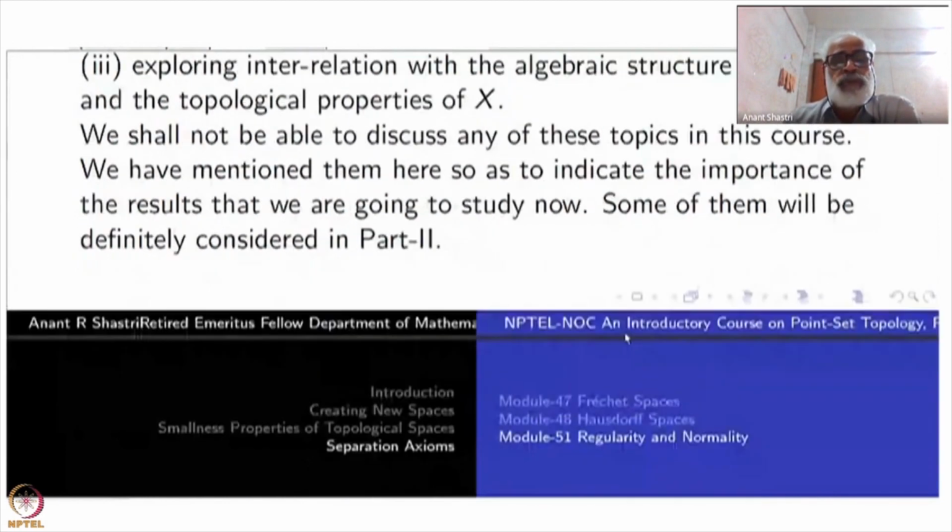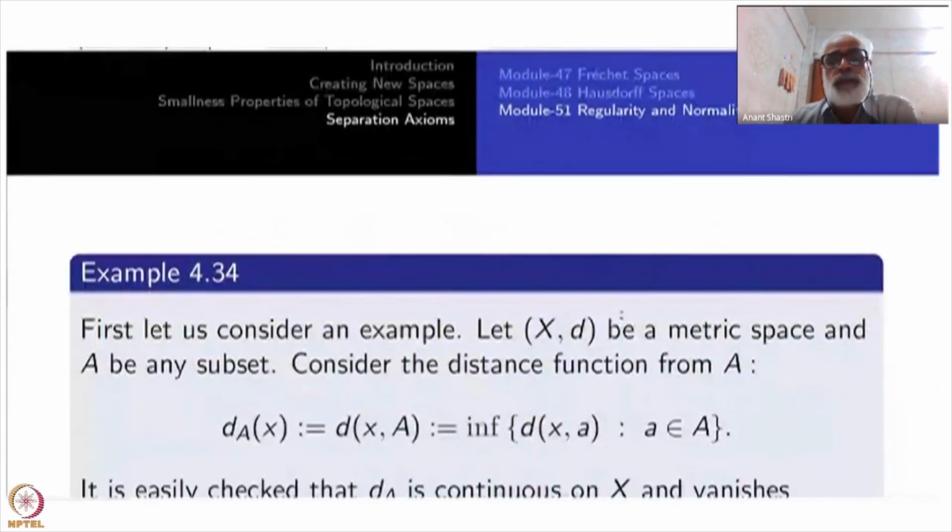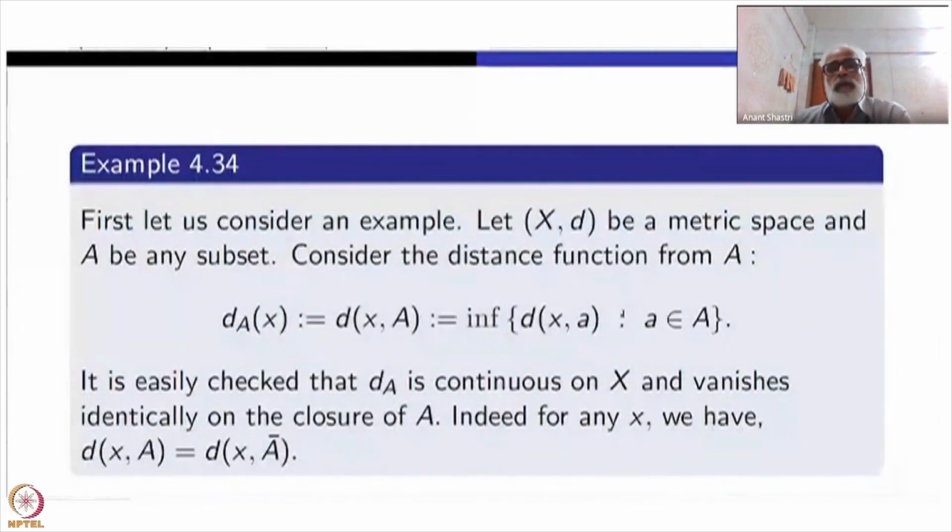So let us proceed with these characterizations. How one might have come up with this kind of thing, I would like to tell. I cannot read Urysohn's mind, nor can I go back in history. So I'm guessing that this may be the one which led him to consider such a thing.